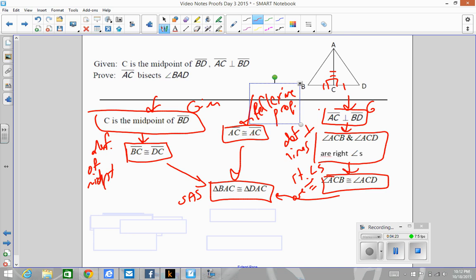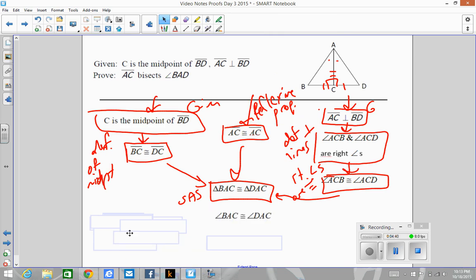Now, the next part says we want to prove that AC bisects angle BAD. So if AC bisects angle BAD, that means these two angles right there would have to be congruent in order for AC to be a bisector. And since those are parts of the triangle, then I can say those two angles are congruent. And since they were parts of the congruent triangles, that's the CPCTC part.